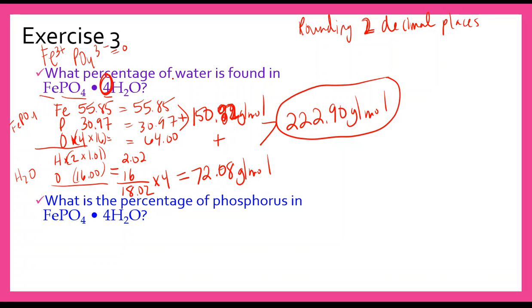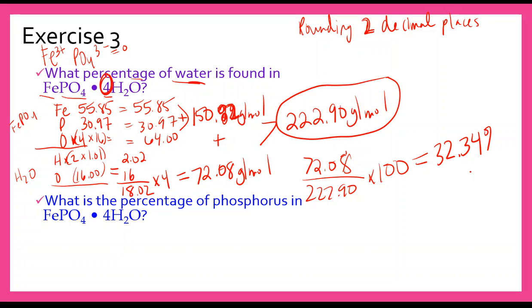Now we want the percentage of water. So we take our water amount and we divide it by the entire amount times 100 to get our percentage. 72.08 divided by 222.9, and that's going to give us 32.34% water.